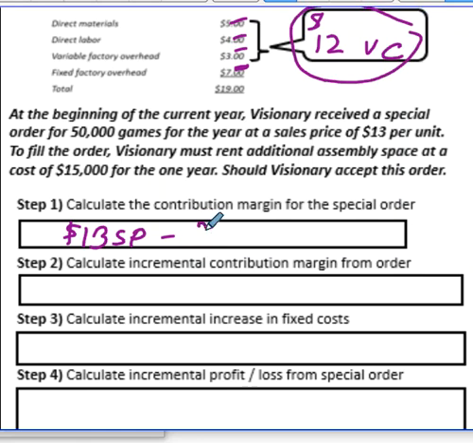So now our variable cost is going to be $12 per unit, which means our contribution margin is going to be $1 per unit.